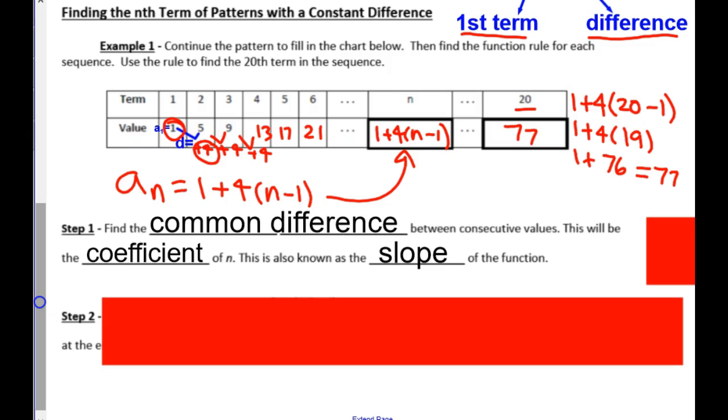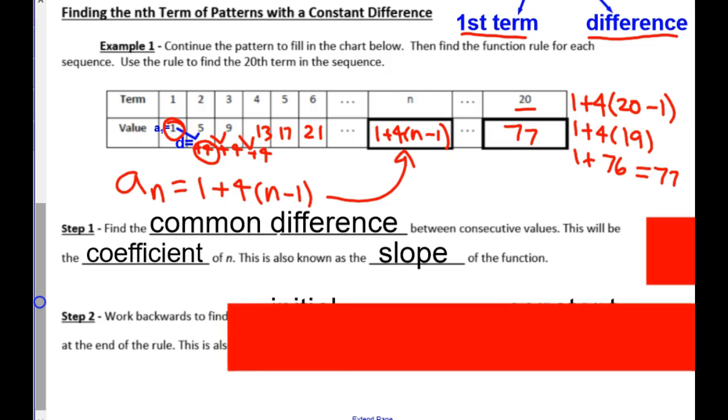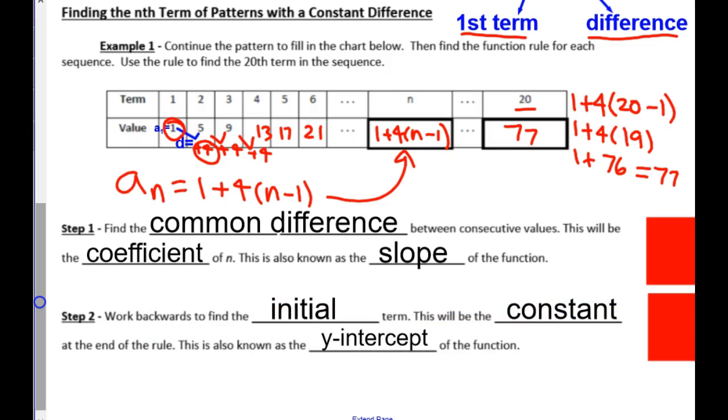This is also known as the slope of the function. I just like plugging stuff in, so I use this formula up here. And it's not that different. The only difference is step 2, it says to work backwards to find the initial term.